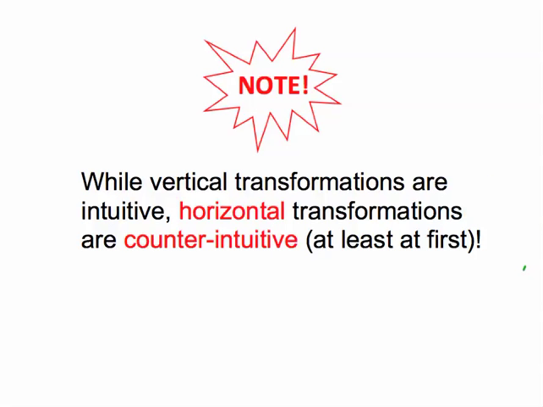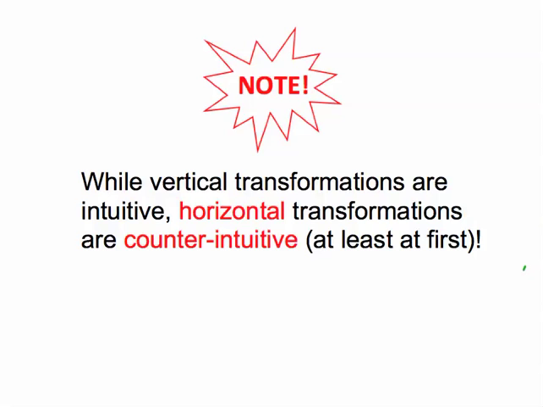So important to note that while vertical transformations are somewhat intuitive, they kind of do what you initially expect them to. When you add 3 at the end of the function, you move it up 3. When you multiply the whole function by 2, it gets vertically stretched by 2. The horizontal transformations are somewhat counterintuitive.